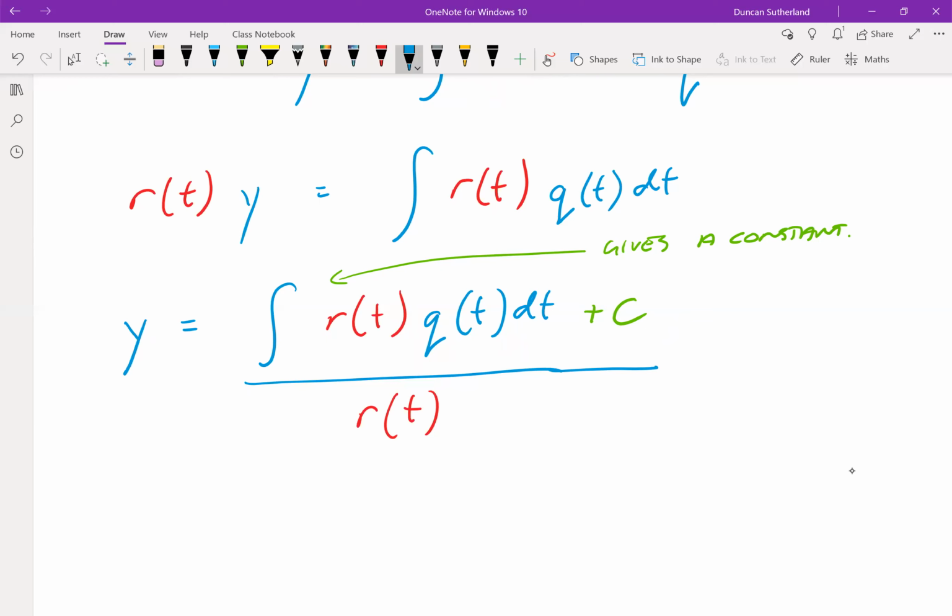It is necessary, however, to remember that every time we solve a problem with this, we get this constant. In a later video, I will summarize the steps that are required to solve a linear first order ODE.